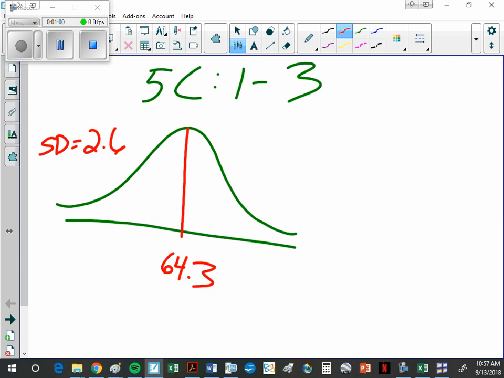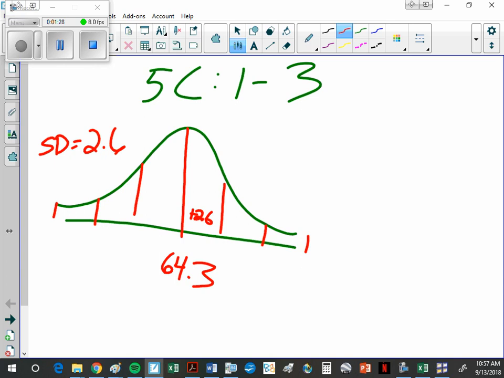Okay? So, just as a review, if I go right 2.6 and left 2.6, I capture 68% of the people. And that's true of any normal curve. If I go right another 2.6 and left another 2.6, then I capture 95% of the people. And if I go out to 3 SDs, I capture 99.7.